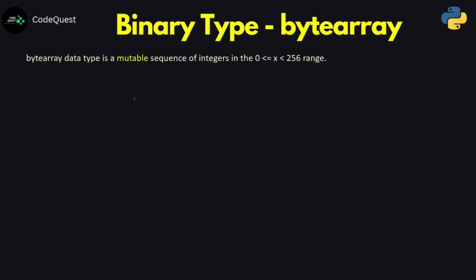Now another binary type is your bytearray. Bytearray is similar to bytes, except that it is mutable. I mean, we can make the necessary changes, and the sequence of integers or range of values it can carry is between 0 and 255. Now how do I create a bytearray object?